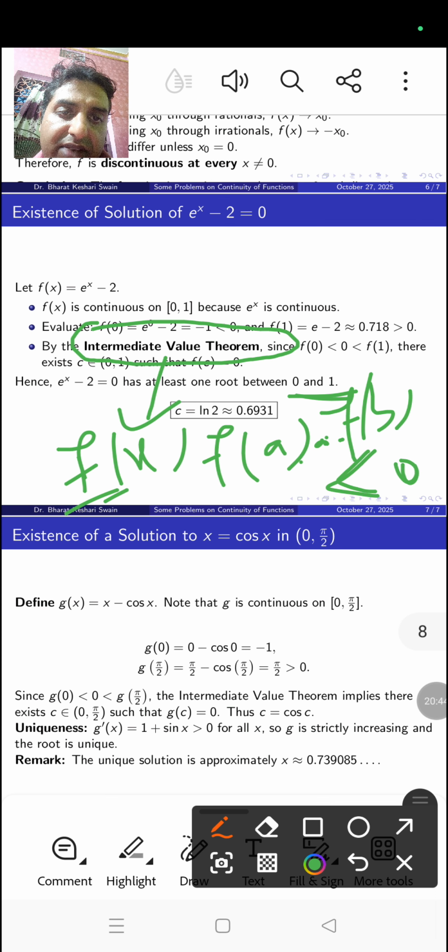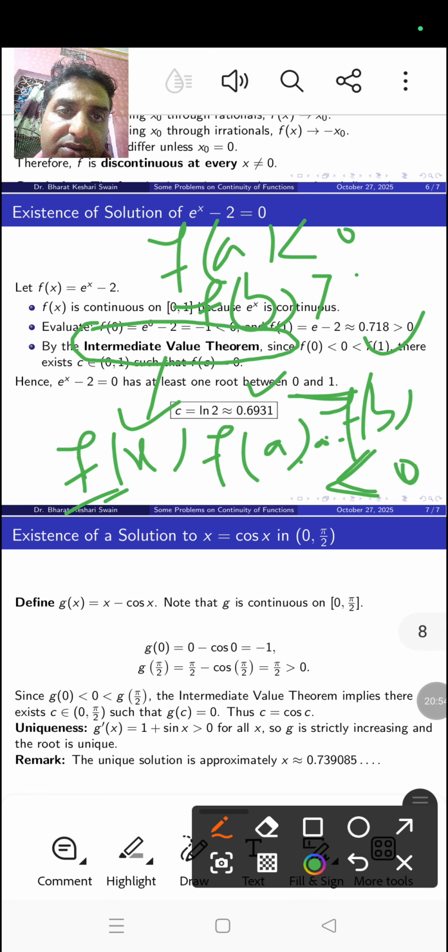That means f of a and f of b have opposite signs. If f of a is less than 0 and f of b is greater than 0, then their product will be negative, less than 0, or f of a greater than 0 and f of b less than 0. So they must have opposite signs, and if they have opposite signs, then their product must be less than 0.